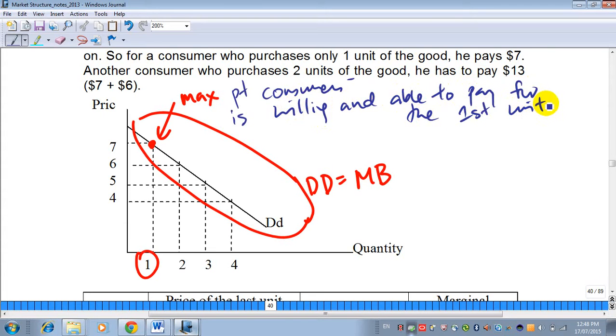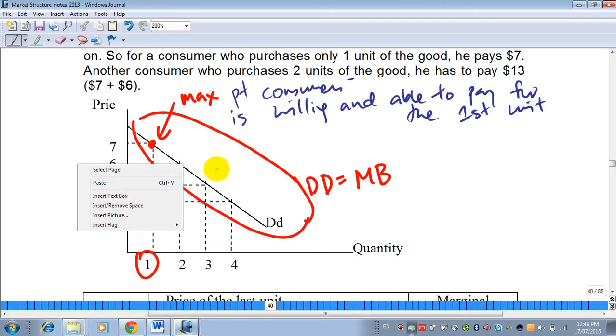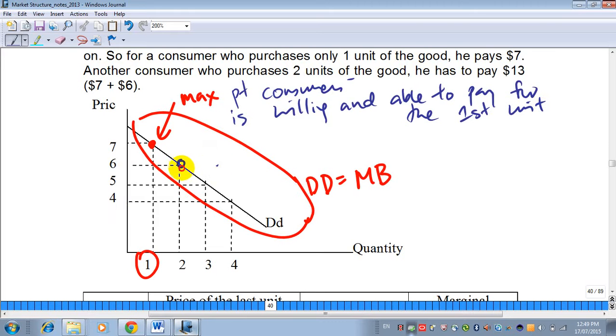would be $7. And because it's chocolate cake, by the time it comes to the second unit, you're a bit sick of the chocolate cake already, right? So the marginal benefits that the second unit of chocolate cake brings you is lower. The maximum price you're willing and able to pay would be $6.